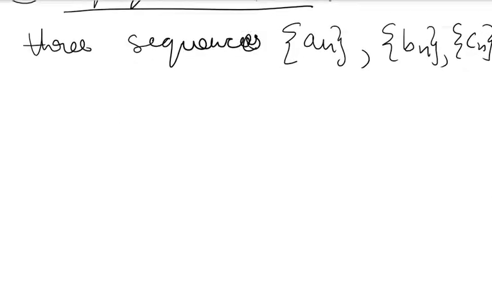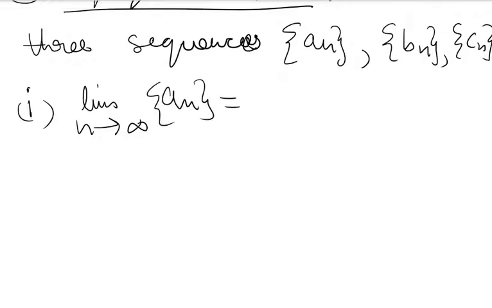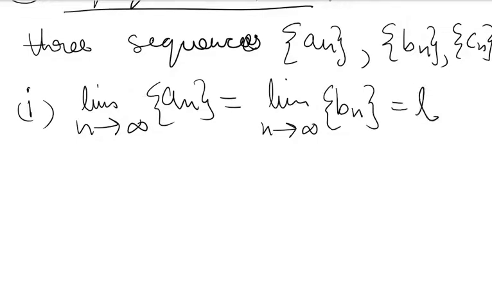Now there are two parts to this squeeze theorem. The first one is limit n tends to infinity a_n is equal to limit n tends to infinity b_n, that is equal to some limit L.